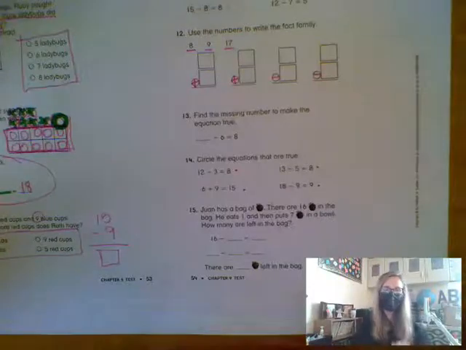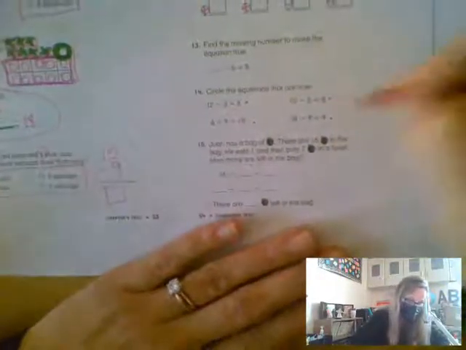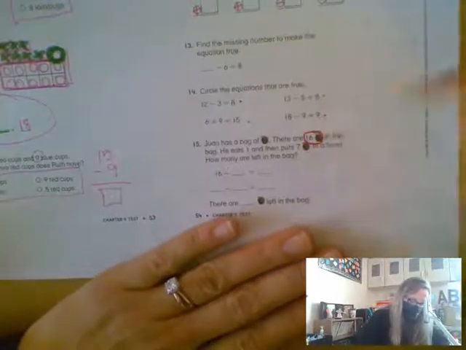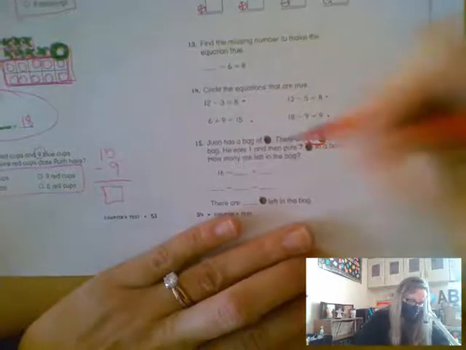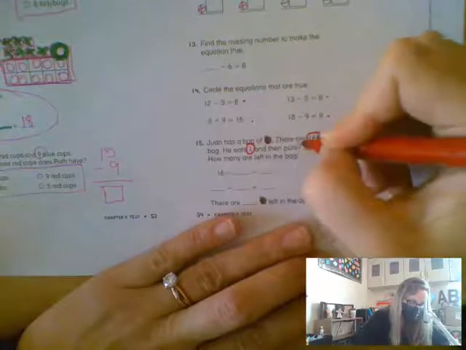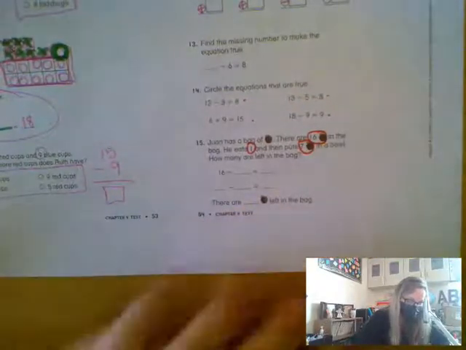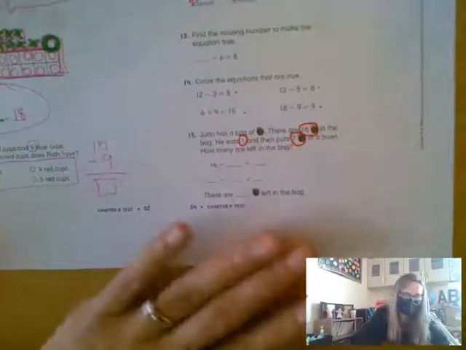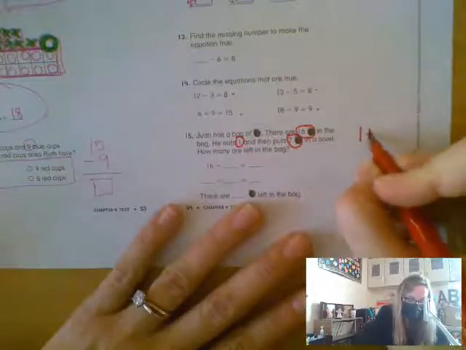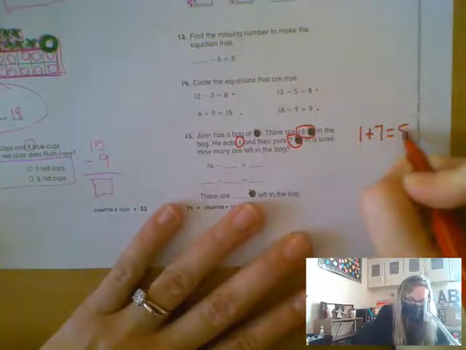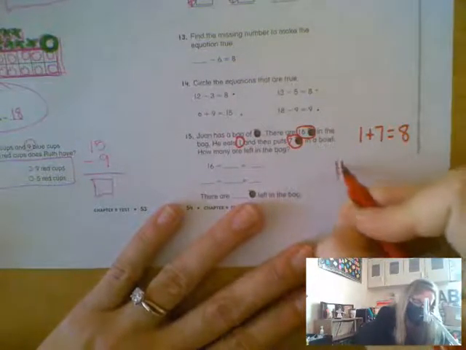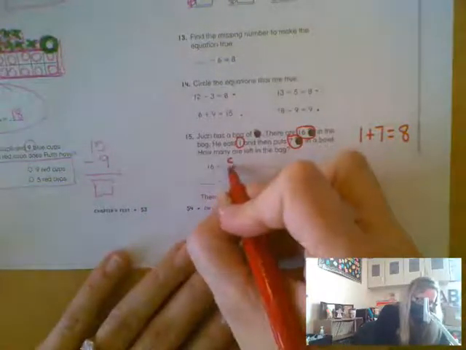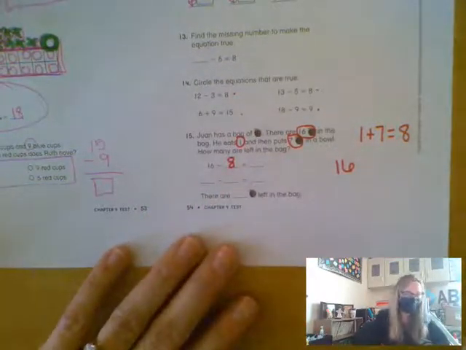All right, and for the last one, number 15, it says Juan has a bag of apples. There are 16 apples in the bag. He eats 1 and then puts 7 in a bowl. So how many are left in the bag? Well, if he eats 1 and puts 7 in a bowl, that's 8. So there were 16 in the bag, but he's taking 8 away because he eats 1 and puts 7 in a bowl.